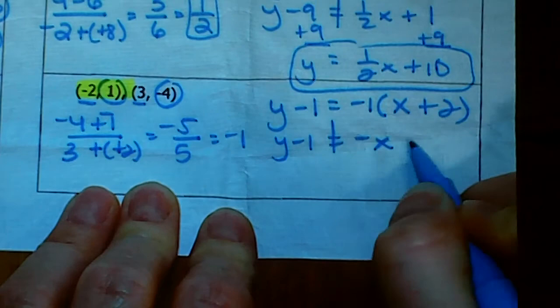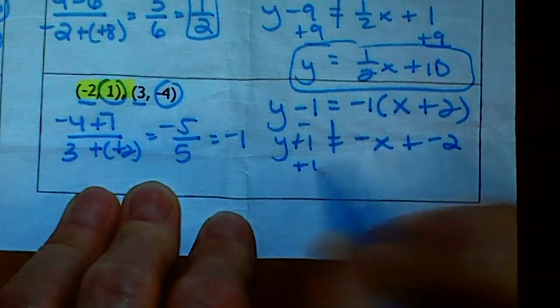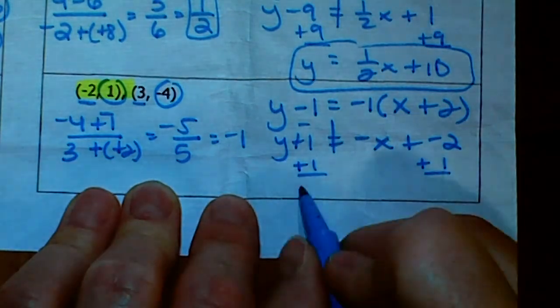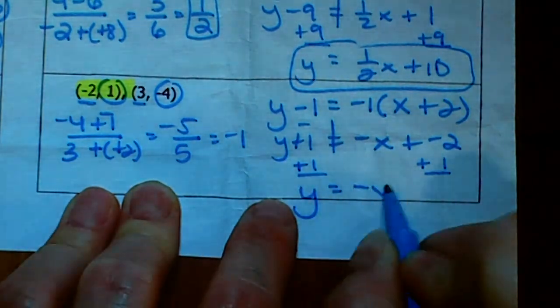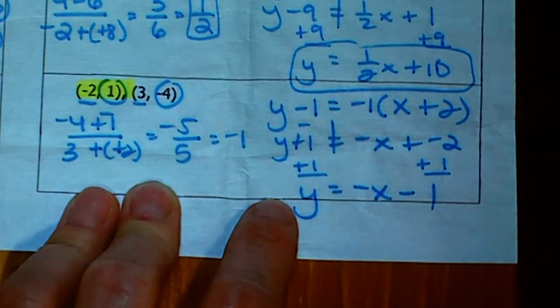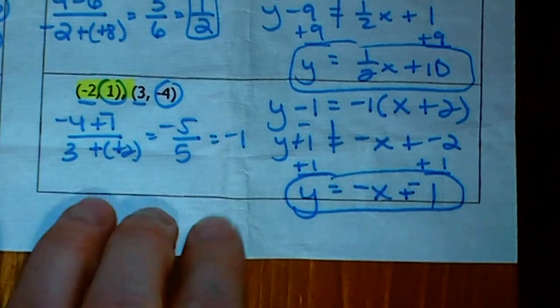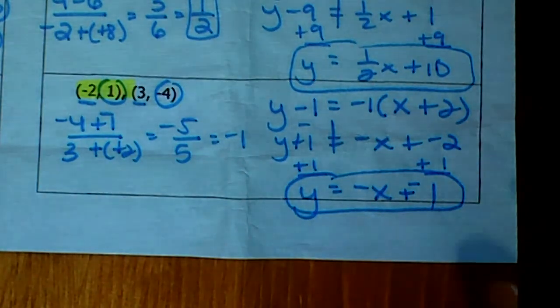So now I have negative x plus negative 2. I want to get rid of this negative 1, so I'm going to add 1 to each side. And y equals negative x, and negative 2 plus 1 is negative 1. So you can write that as minus 1 or plus negative 1. At this point, I don't mind. Either way would be fine. All right, keep on going.